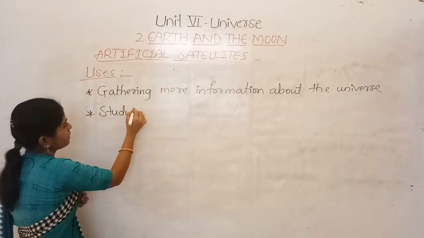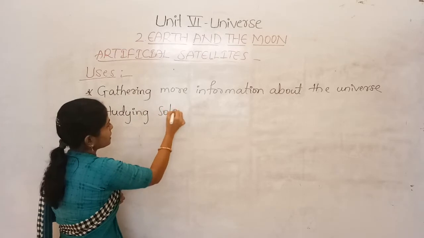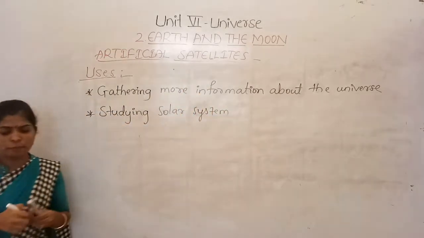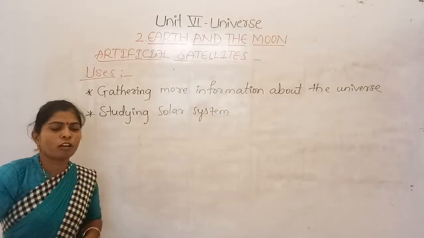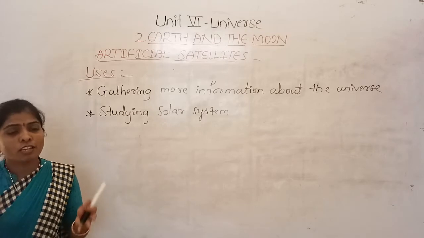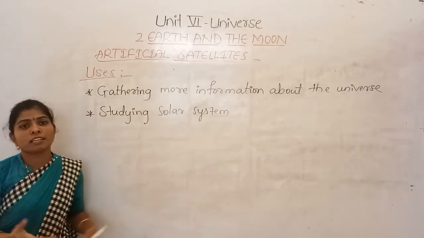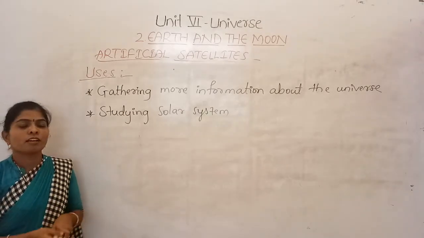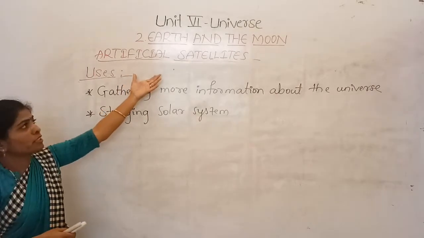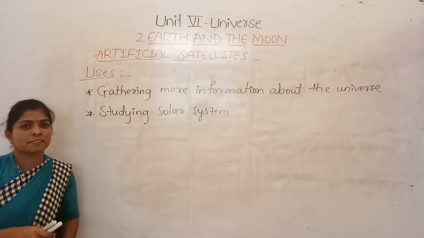We can know how many planets there are, how they revolve and in which direction, and what objects are in a particular solar system. We can learn from the information provided by satellites.